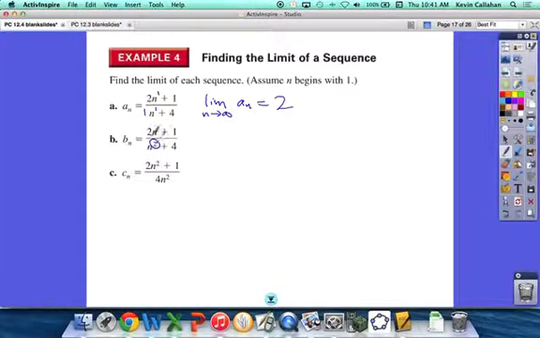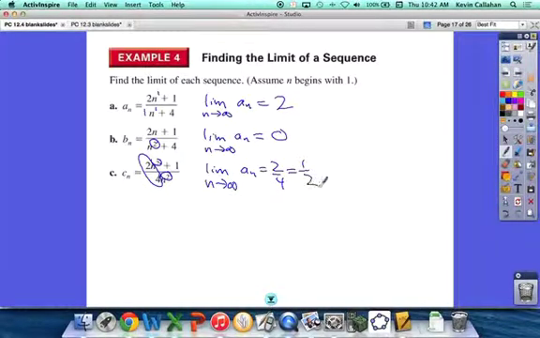The highest power is in the denominator, so the limit as n approaches infinity of a sub n equals 0. And how about the last one? Right? Same, so it'll be the ratio of the coefficients. The limit as n approaches infinity of a sub n equals 2 over 4, which is 1/2. Easy stuff, right?